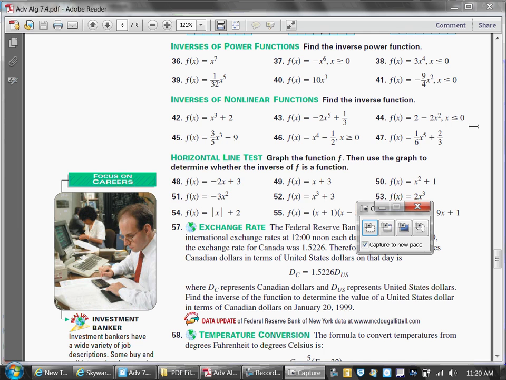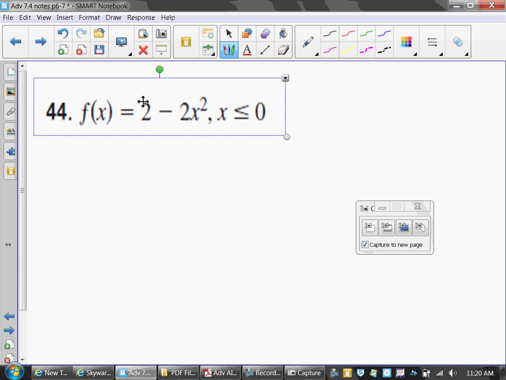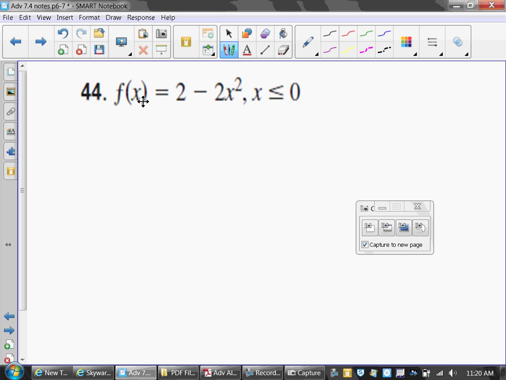Find the inverse of this. Remember, in order to solve for the inverse, f of x is a fancy way of saying y equals. Interchange your x and y, and solve for y. The easiest way to do this one is I'm going to add 2y squared and subtract x.